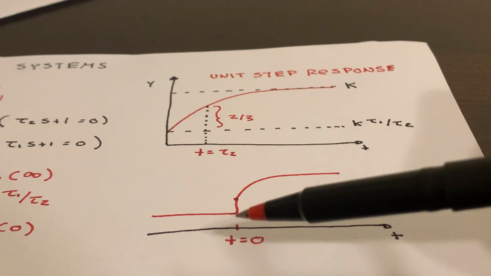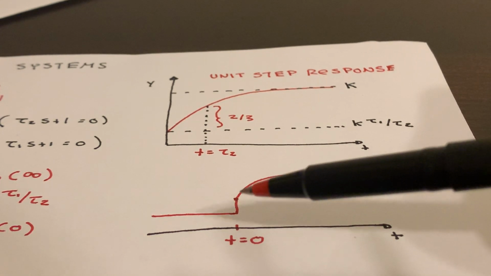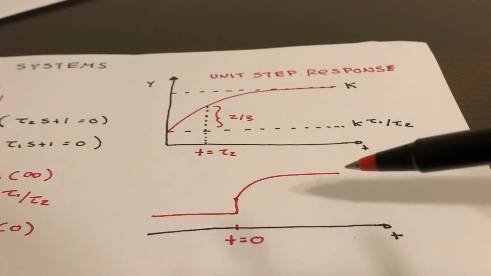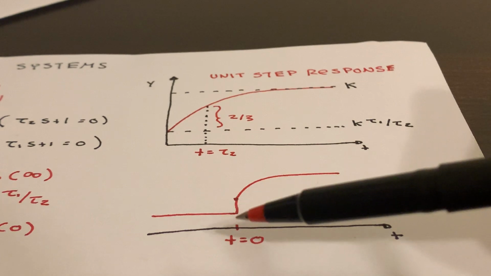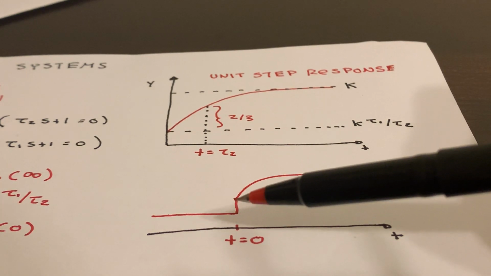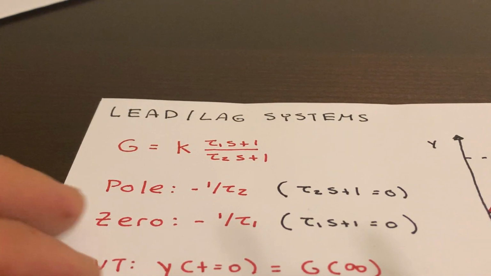Then at time equals 0, we have this initial jump. This little dot is emphasizing the jump. Then we have our first order response. So in a lead lag system, the lead element, which is the zero, causes the jump in the response. That's an example of a zero with a first order system, or lead lag system.